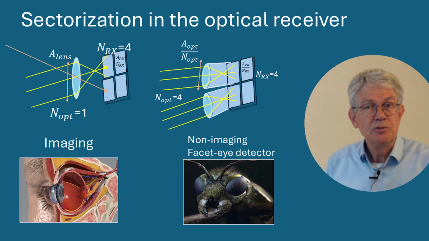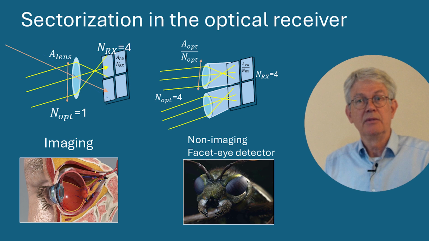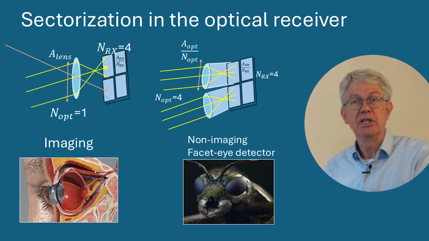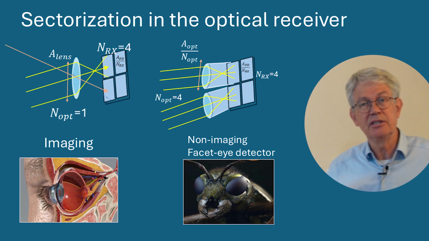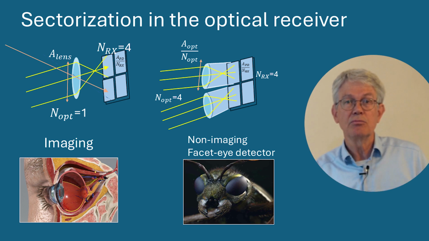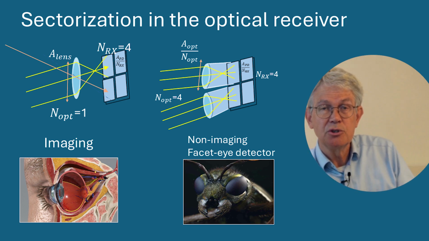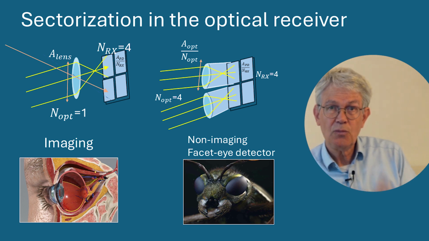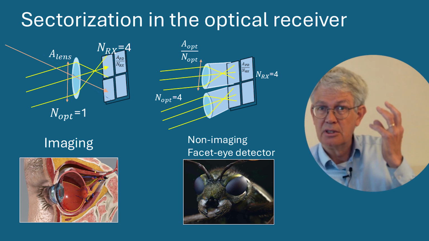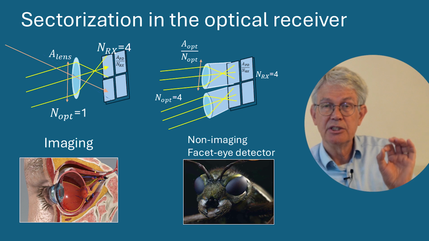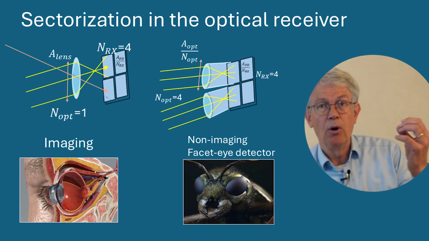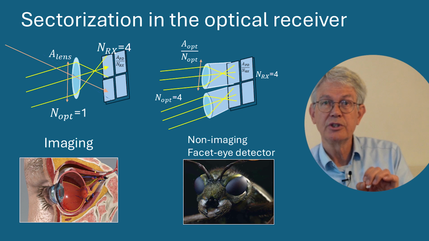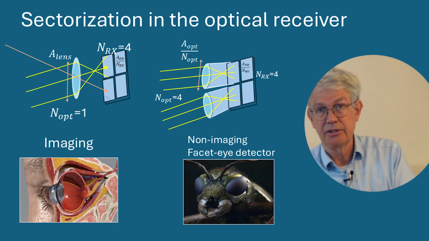But I don't need to use this facet-eye detector. I don't need to use collimators. I don't need to have the non-imaging insect-eye kind of thing that is on the right here. We can also do something that is very similar to what our human eye does. We have a lens, we have detectors, and these detectors have pixels. Now all the light on the entire lens is focused on one single point on a detector.